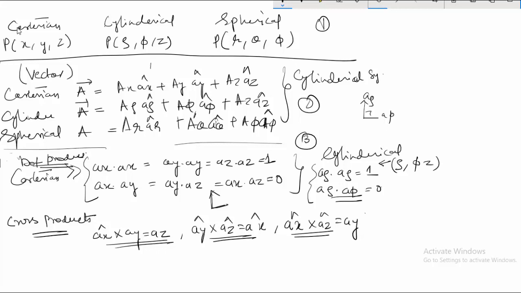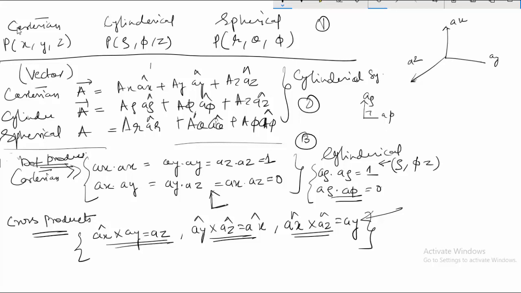And in a similar way, if you are taking the other coordinates like cylindrical or spherical, the cross products of the vectors. If you are taking the Cartesian coordinate system, it will be ax, ay and az, all at 90 degrees.